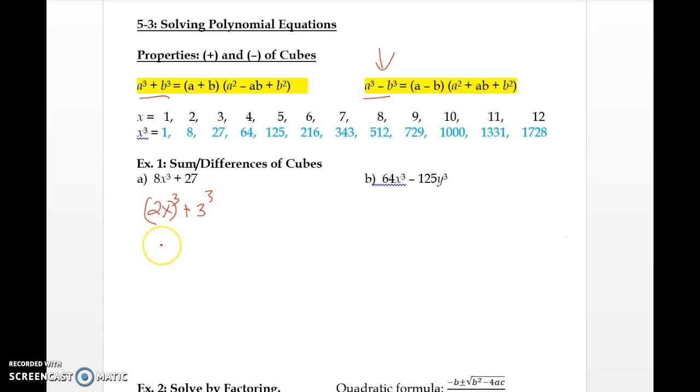So we need to get one term to be cubed. We need one a cubed, not separate things cubed, but one thing cubed.